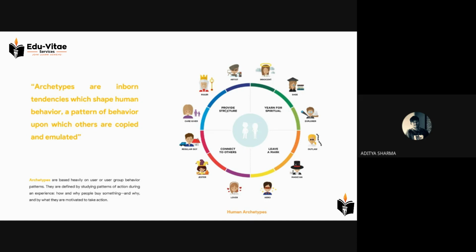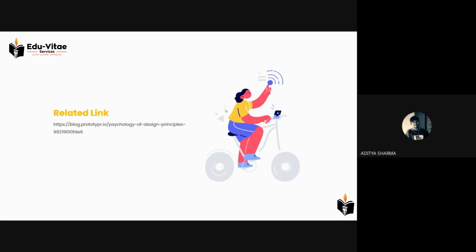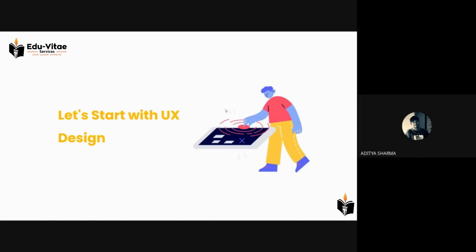In that way, this behavioral aspect plays a very important role. If you want to know more, you can click a snapshot of this link and read more about the psychology of design principles and how it is inculcated.